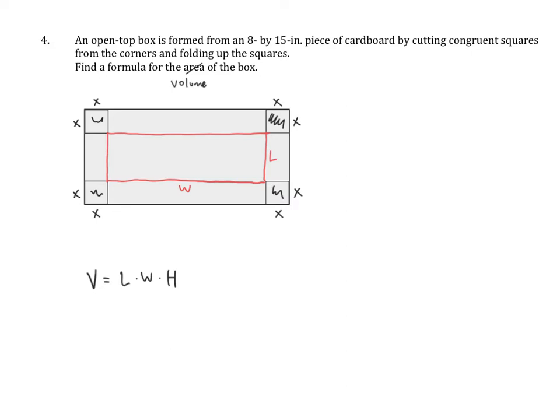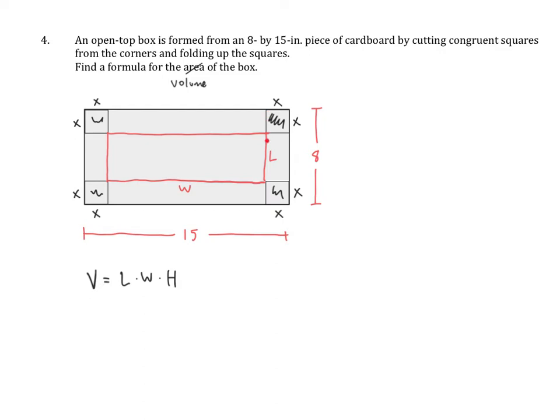Okay, and then think about it, it's an 8 by 15. So this would be the 15 one, and this would be the 8 side. If this whole thing is 15, and from this side we're cutting out 2 x's, that means the width is going to be 15 minus 2x.